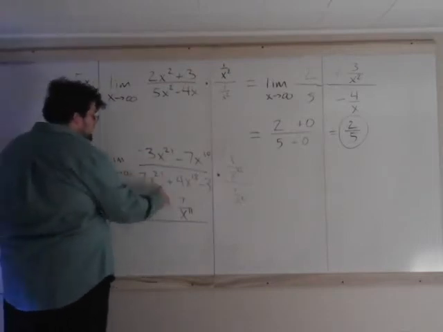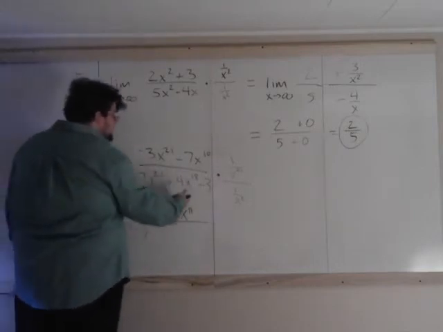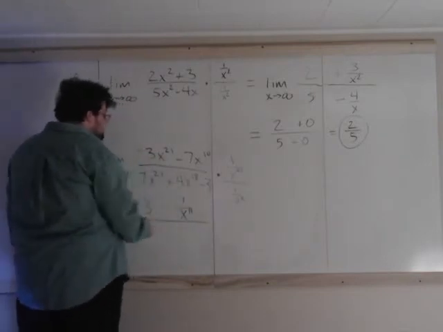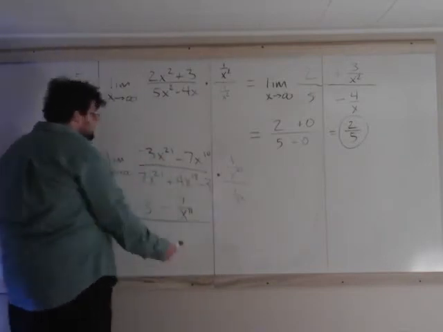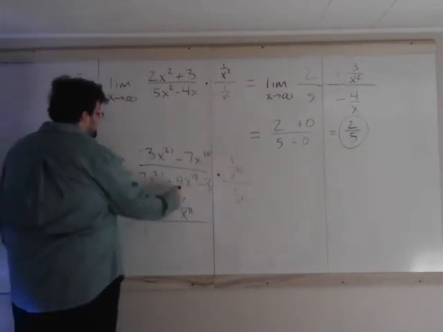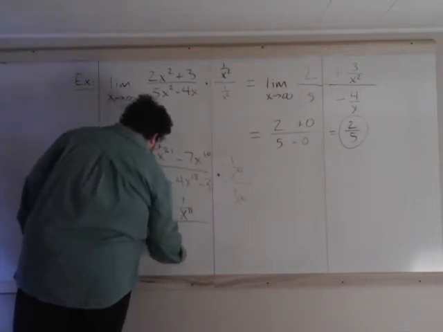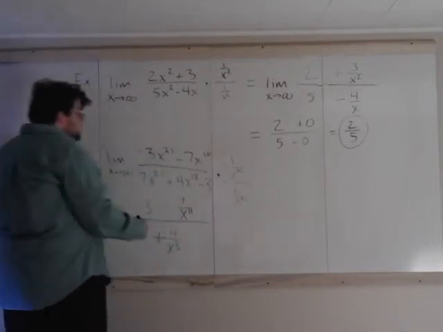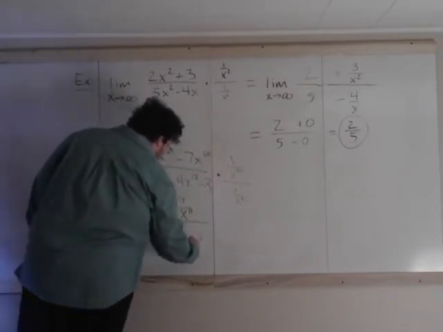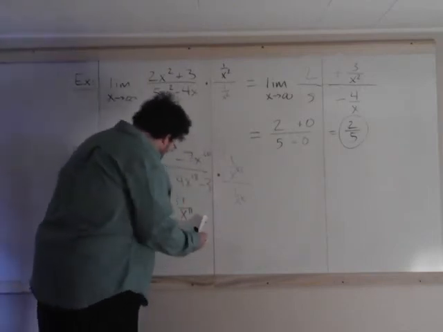Down here, 7x to the 21 divided by x to the 21 is just 7. 4x to the 18 divided by x to the 21: we have 18 x's in the numerator, 21 x's in the denominator, so that leaves us with 3 x's in the denominator, and that 4 stays there. And with this negative 3, nothing is going to cancel, so we're just left with a negative 3 and 21 x's in the denominator.